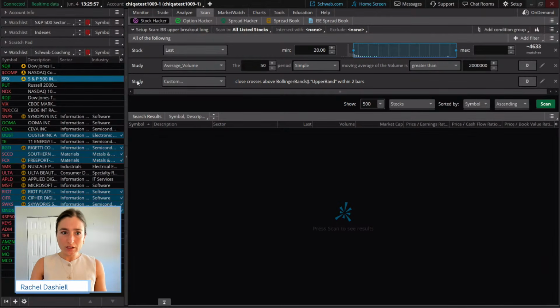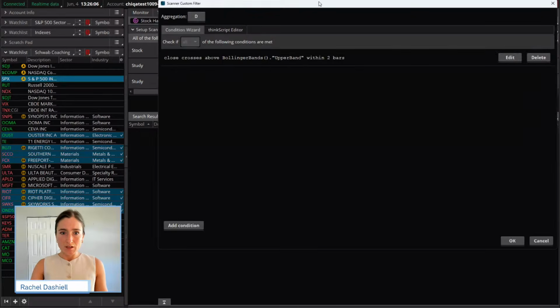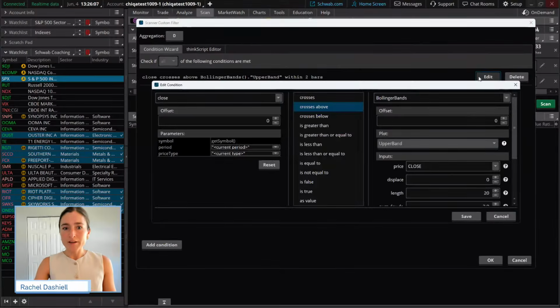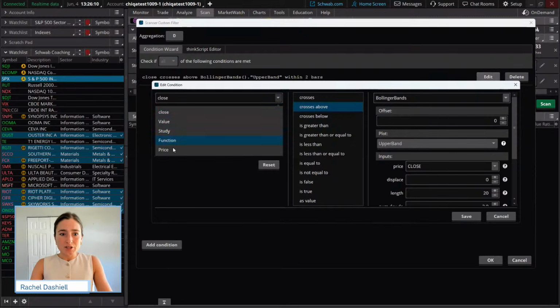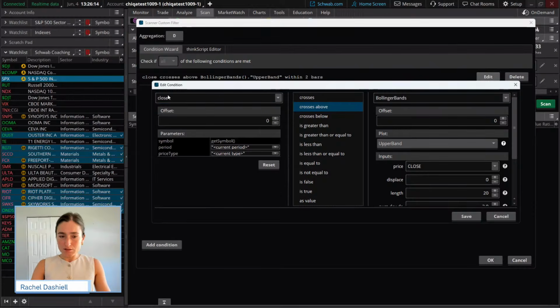But essentially what you're looking at here is we did a custom study. So what I did was I went to custom here and I clicked on edit. And what I selected here first was price. I selected the close. So that's on a daily basis. The close is essentially like the current price.